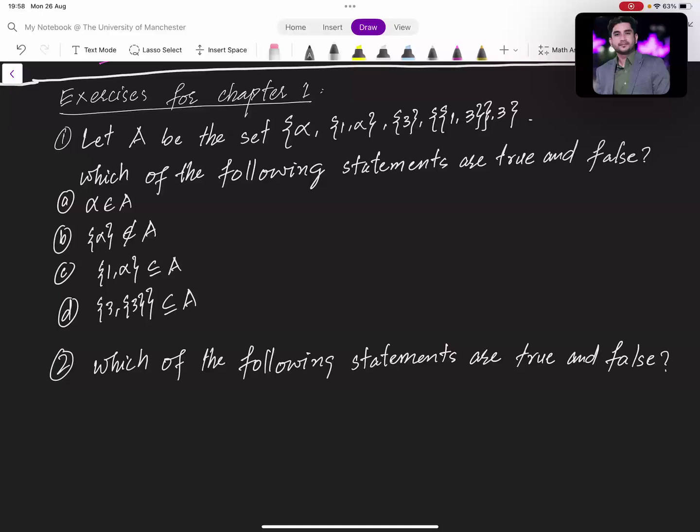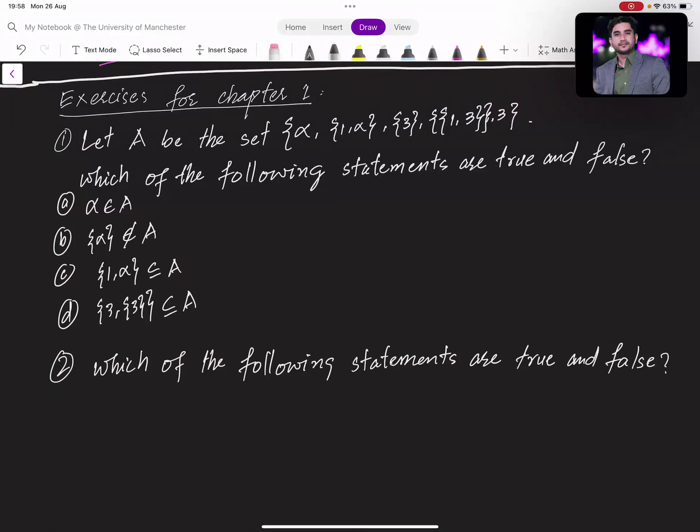Now, if you look at these, you can see alpha is an element inside A, so this is true. Whereas the set containing alpha is not an element inside A, so this is false.